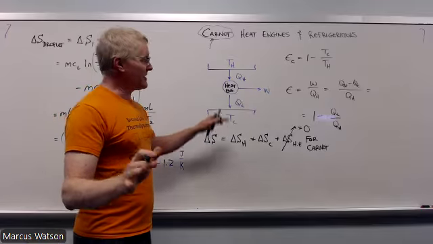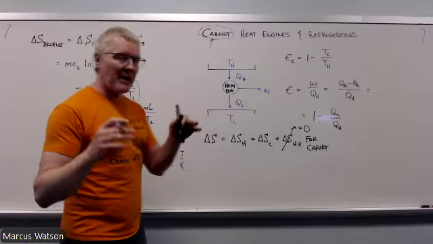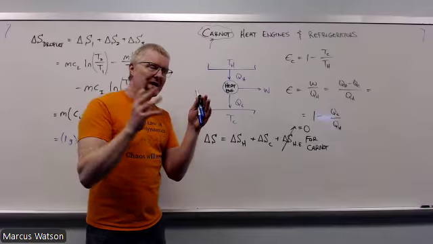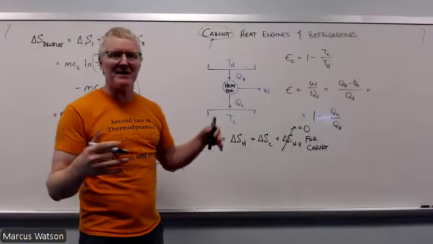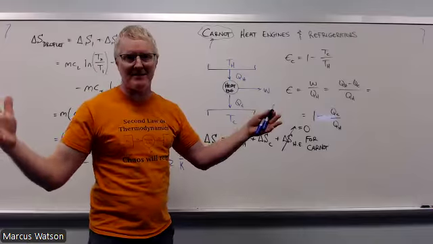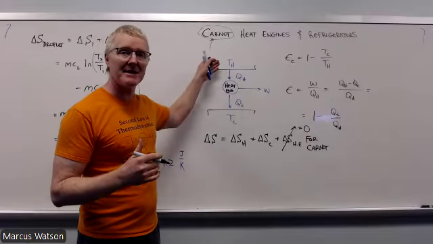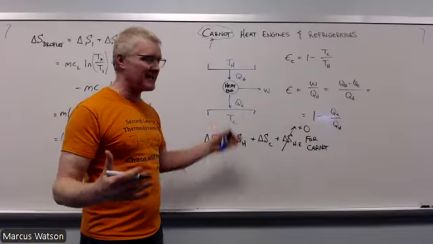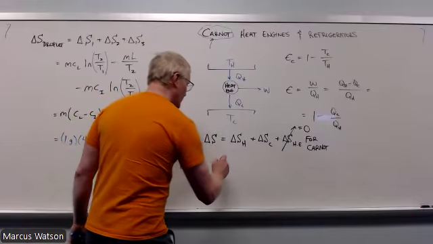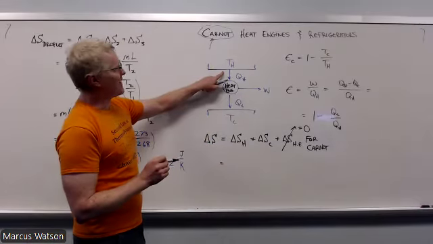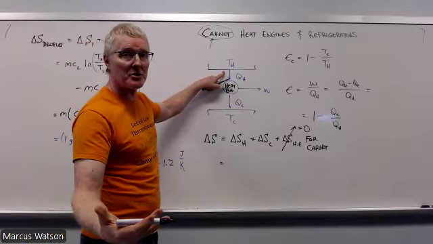Remember at the very beginning of this, I said these are reservoirs, which means that when you exchange heat with it, it's just a small amount of heat compared to the great heat capacity of this body, and therefore the temperature of this we can consider to be constant. Yes, we're dumping heat into this thing, but effectively it's not changing the temperature. Therefore, the entropy change of the hot reservoir happens at constant temperature.